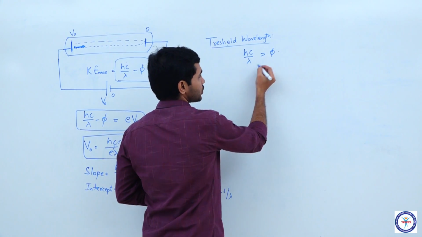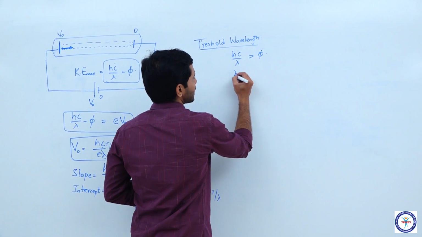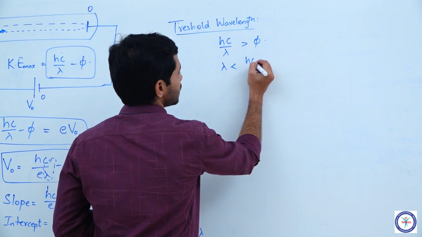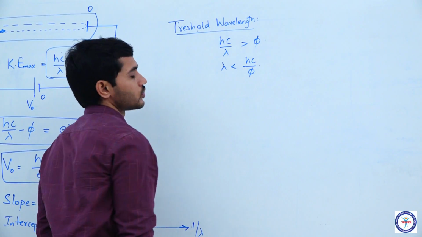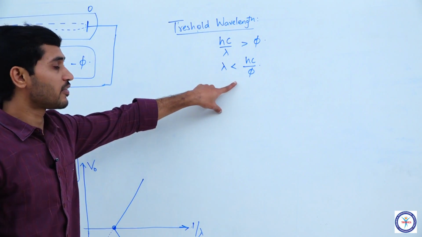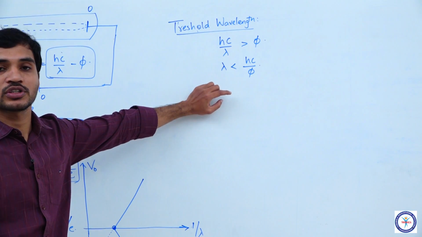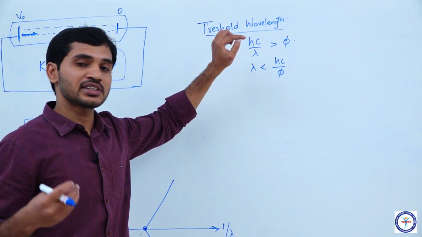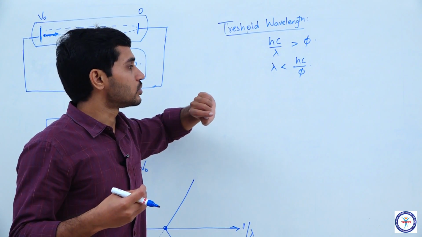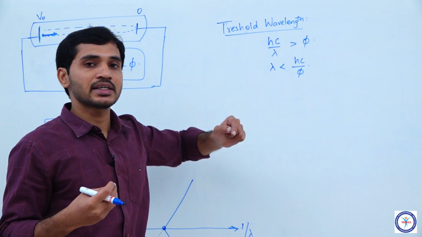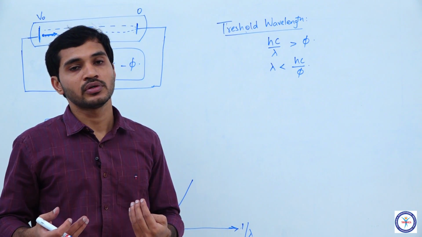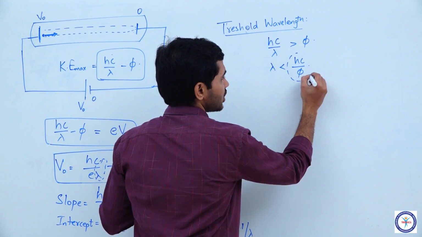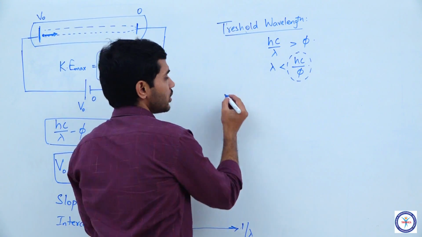If you rearrange the terms, you get that lambda should be lesser than hc by phi. If the value of lambda is greater than hc by phi, then the photoelectric effect will not take place, because the photons would become less energetic. The higher the value of lambda, the lesser the energy of photons. So, the wavelength of the light needs to be below a particular value. This term here is what we call the threshold wavelength. You can define it like this.